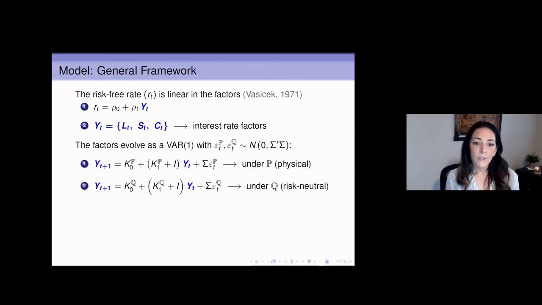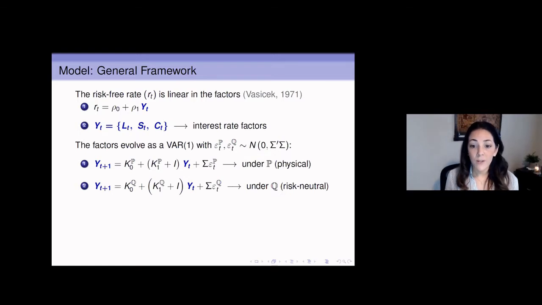Now, these factors evolve as a vector autoregressive process of order 1. What does this mean? It means that we know the factors move over time, and I'm going to have two sets of equations that are going to be describing how factors are moving over time. As you can see here, these equations look identical. So we have that future factors depend on a constant that is going to be related to the unconditional mean of the factors. And then it depends on what the factors were the previous period.